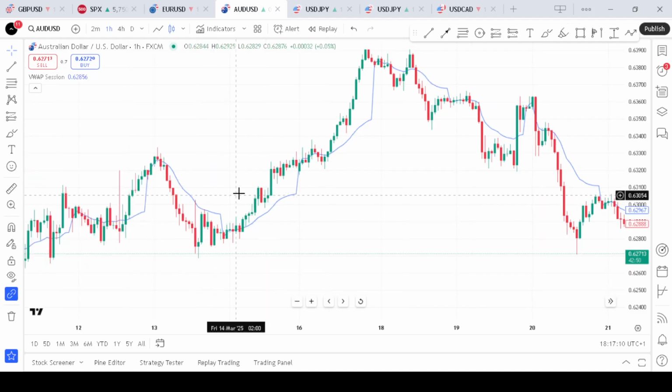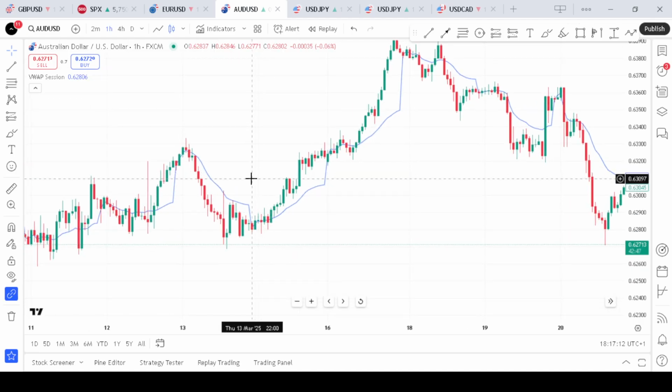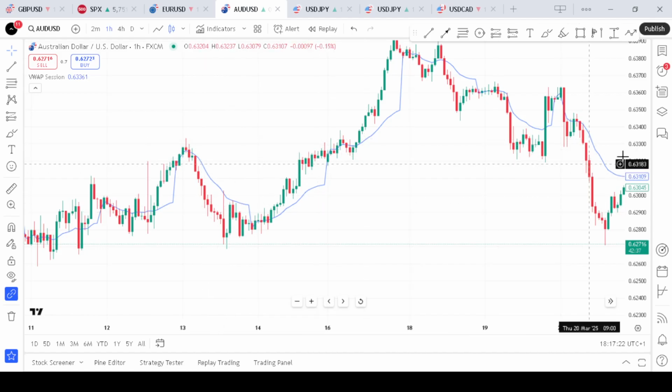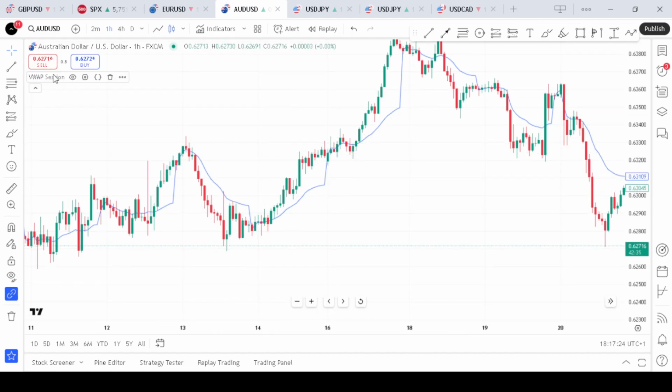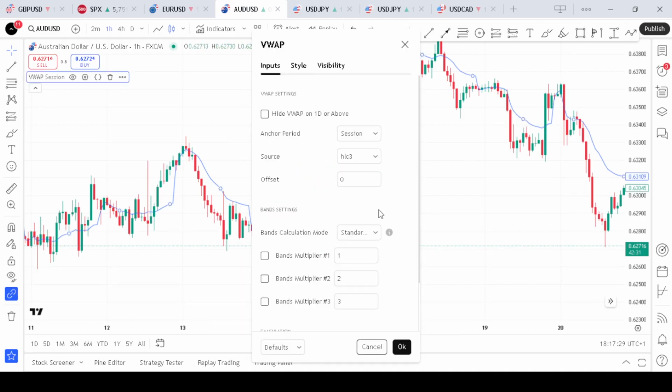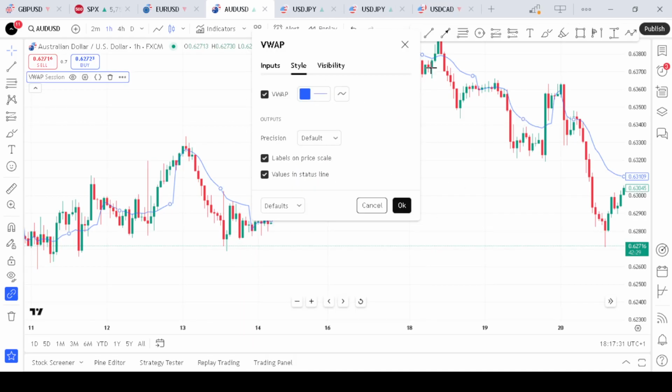Then multiply this typical price by the volume of that period to give the weighted value, sum these weighted values, and divide by the total volume to arrive at the VWAP value. This is basically what this indicator does automatically for you. All this calculation has already been done on the indicator.